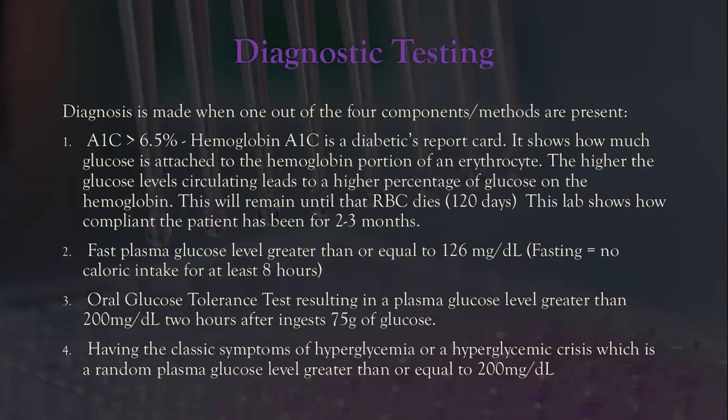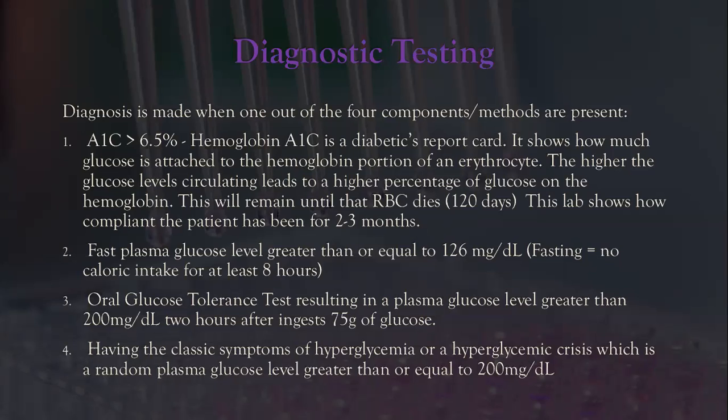But basically what's happening is that the glucose levels in the blood are so high that the body is forcing it into the red blood cells. Remember, your red blood cells don't need insulin to use up the glucose. So this glucose is just pushed onto the red blood cell. The A1C measures how much glucose the hemoglobin, or the red blood cells, are carrying around, just because the body was trying to get rid of how high it was.